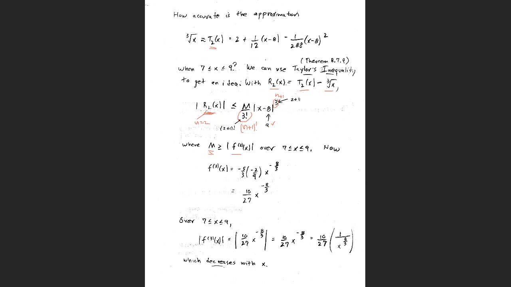So what am I going to do here? I'm going to have to find the third derivative of this function, the cube root of x. Incidentally, that's not hard to do, because in order to get the second degree Taylor polynomial, we needed to find the second derivative, right?